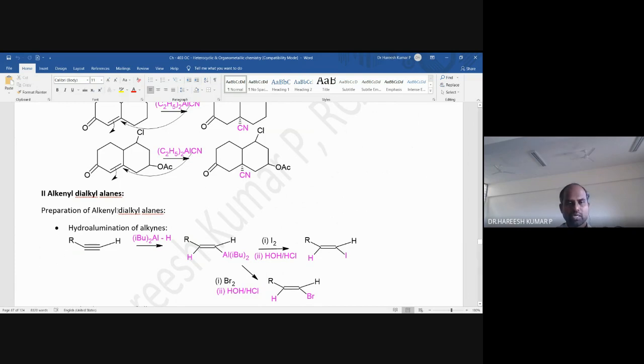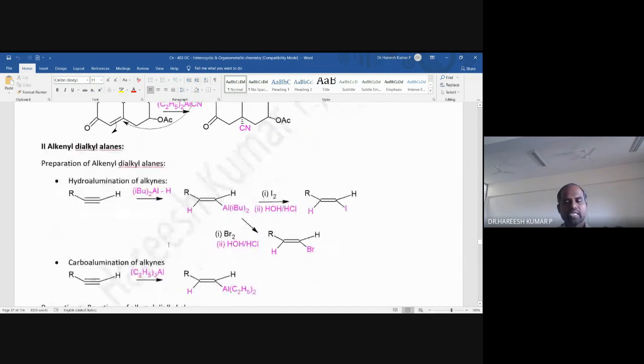Let's look into the preparation, more particularly the preparation of alkynyl dialkyl alane. Alkynyl means double bond containing, dialkyl means two alkyl groups containing, and alane means aluminum compound. How can we synthesize it?